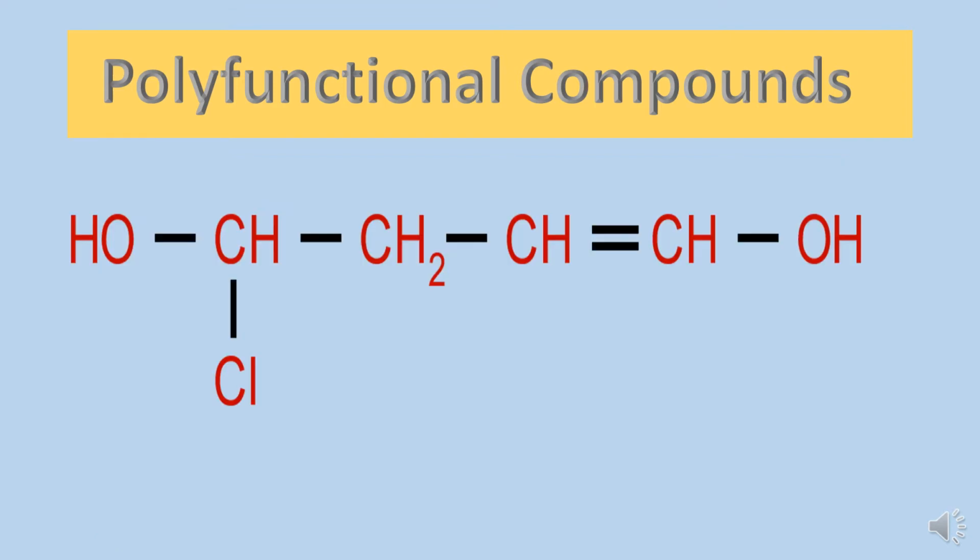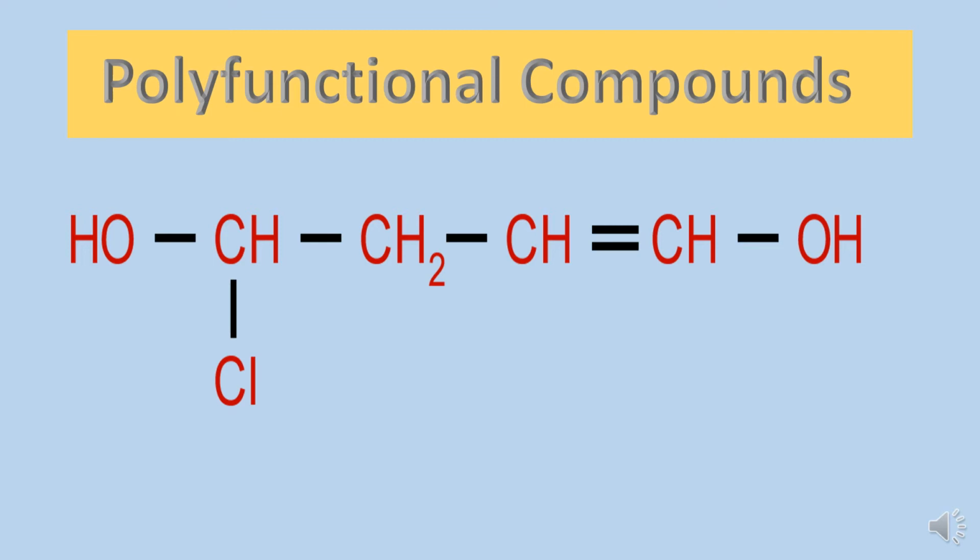Let us see this compound. It has two different functional groups. One is hydroxy and the other one is chloro, and one double bond. So here the principal functional group is hydroxy group, and numbering will be done from that side where we get the double bond at the lowest position, because from both of the sides OH comes at first position.